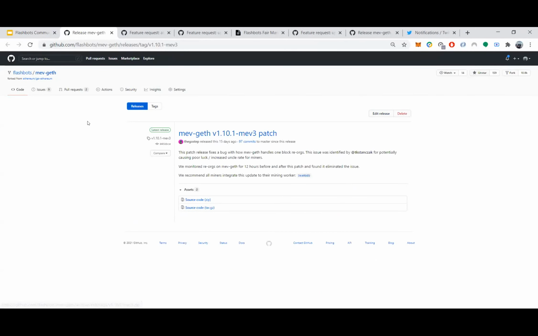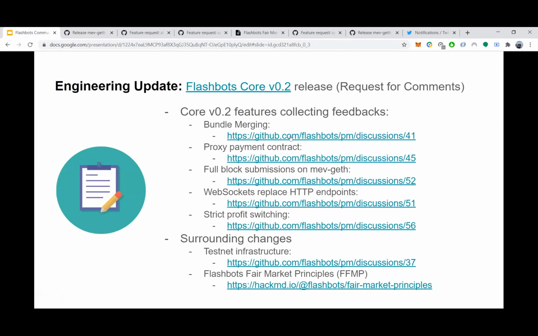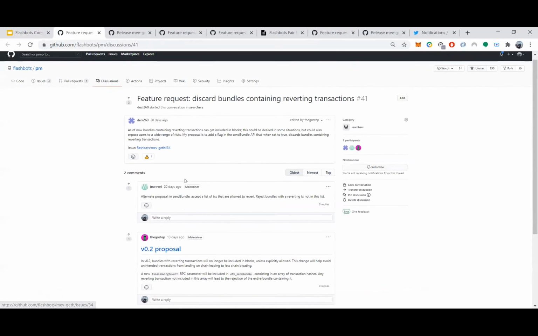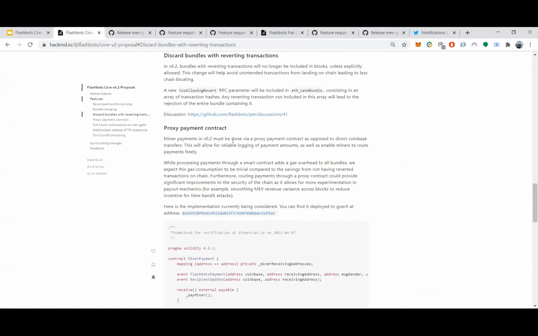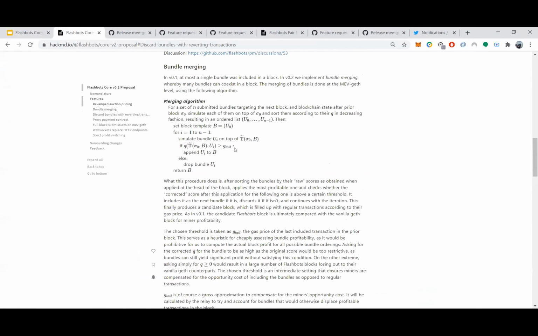Now, the open question that we have at Flashbots is, where should the bundle merging occur? There are essentially three levels at which it can occur. It can happen on MEV-Geth directly, it can happen on the relay, or it can happen on the searcher side. And so we're still in the discussions of where exactly that should take place.